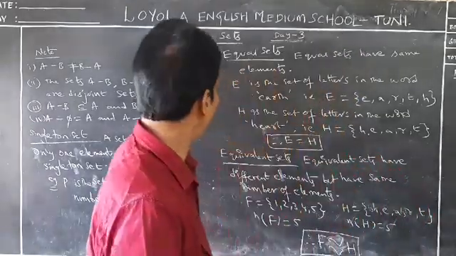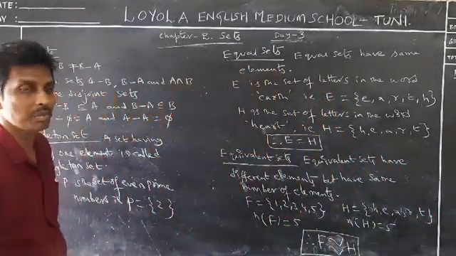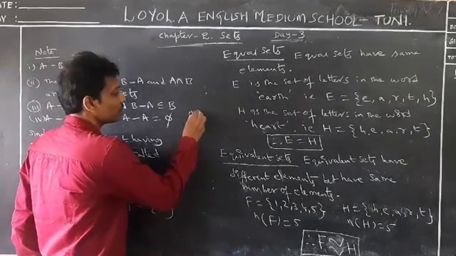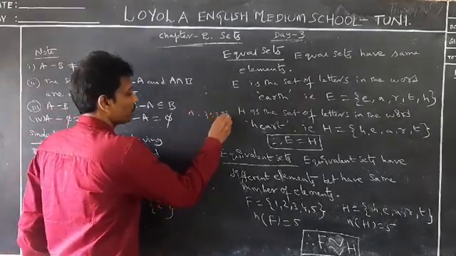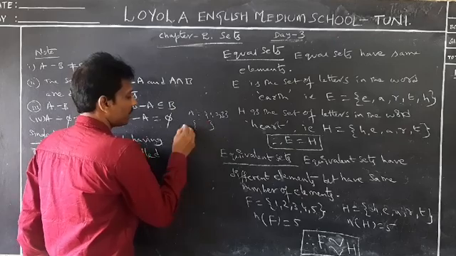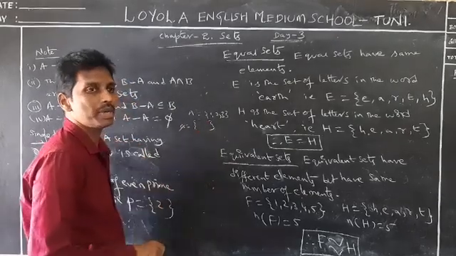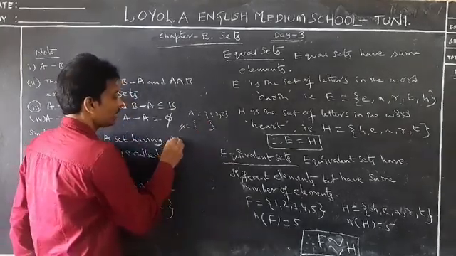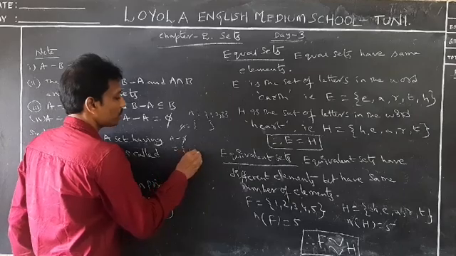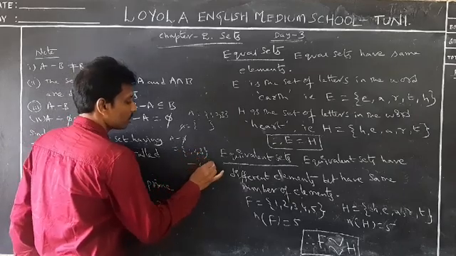Here you see the explanation for these two examples. For example, A is equal to the set of all 1, 2, 3, and a null set means there are no elements. When we write A minus the null set, it is {1, 2, 3} minus a null set.